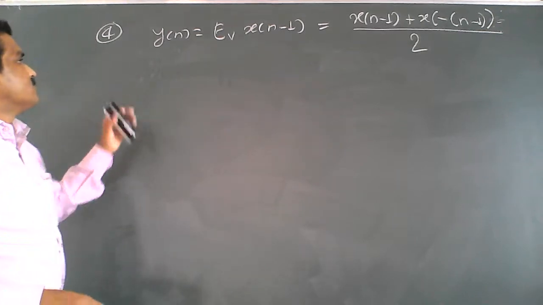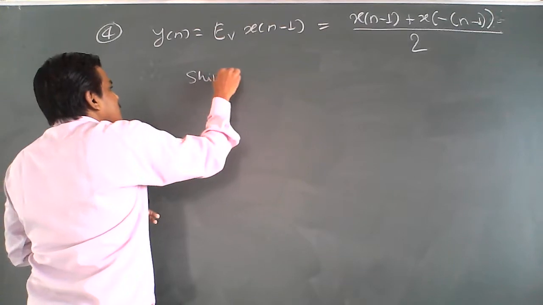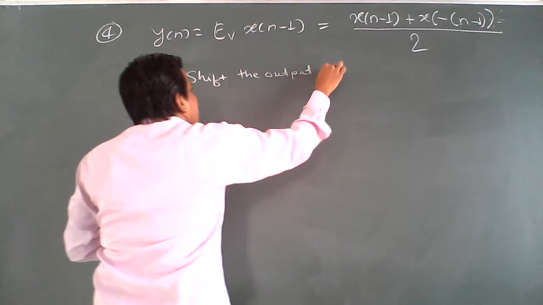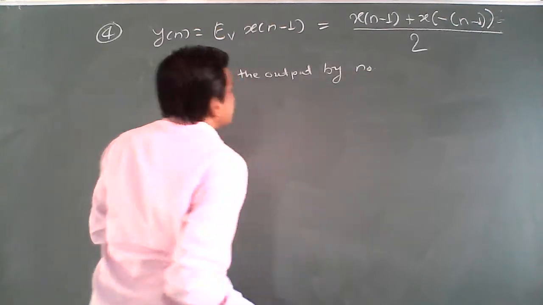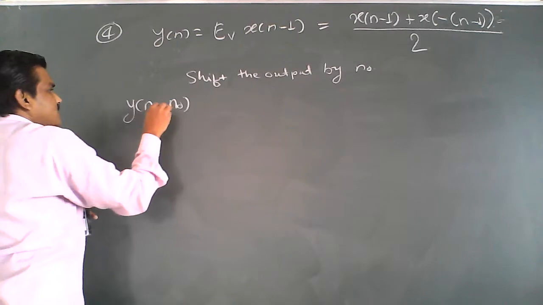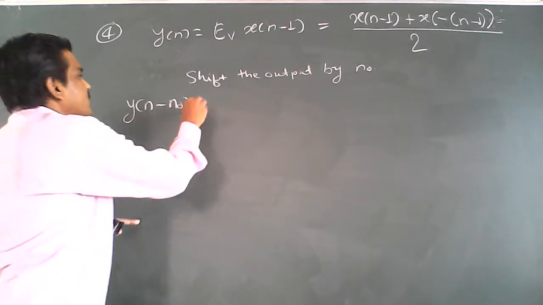So let us shift the output first. Shift the output by n0. So we will have y of n minus n0. Here n minus n0 means shifted, or you can say delayed.